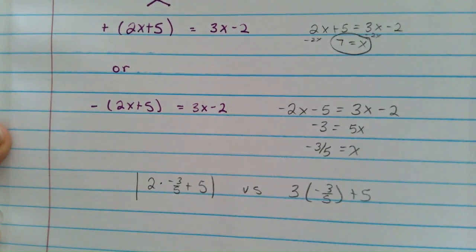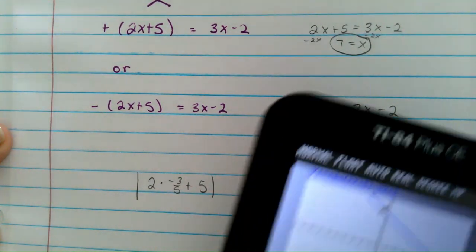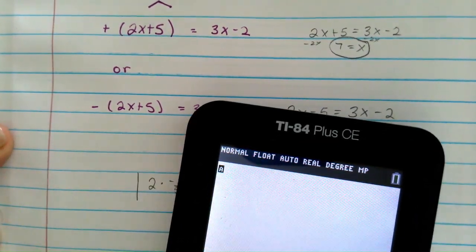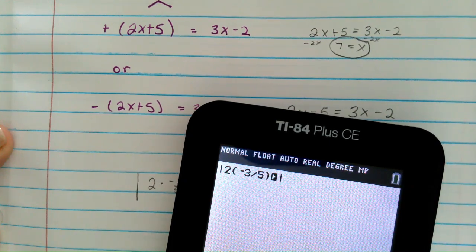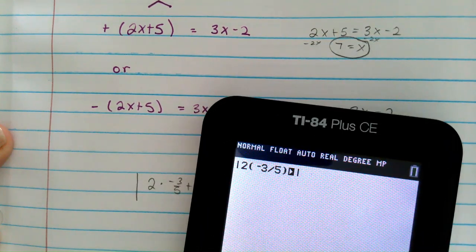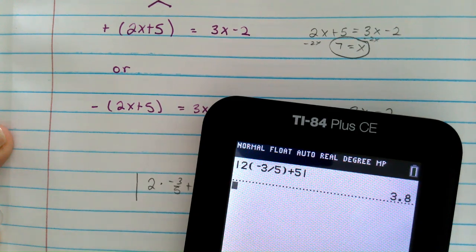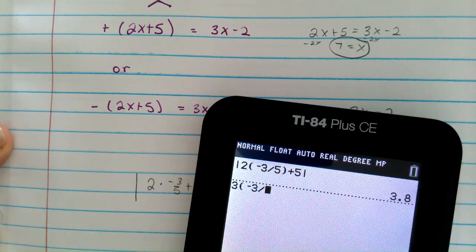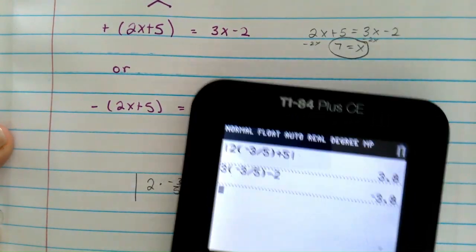We're just going to check those out. 2 times negative 3/5, I'm using parentheses instead of the fraction button, which is okay. That's 3.8. Okay.